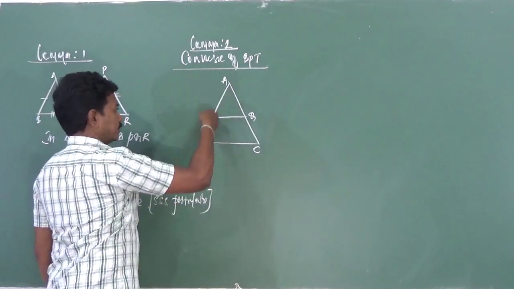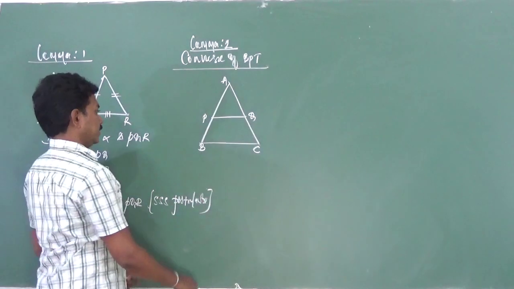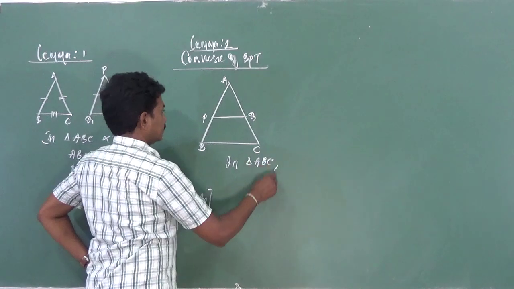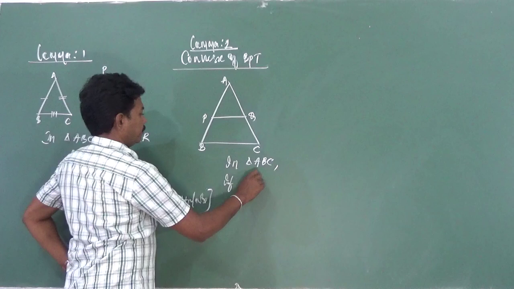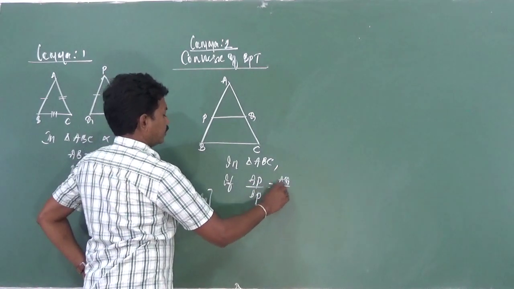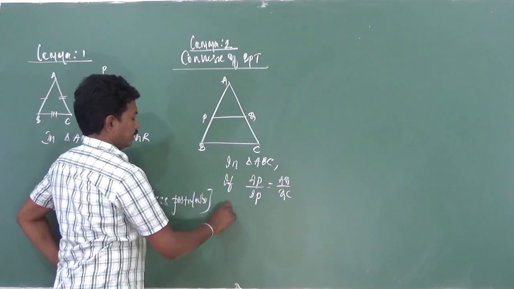So if a line divides any two sides of a triangle proportionately, then it is parallel to the third side. So in triangle ABC, if AP by BP is equal to AQ by QC, then PQ is parallel to BC.